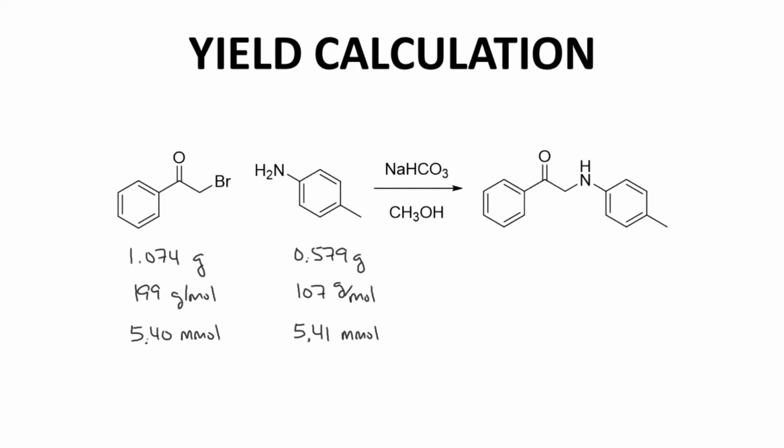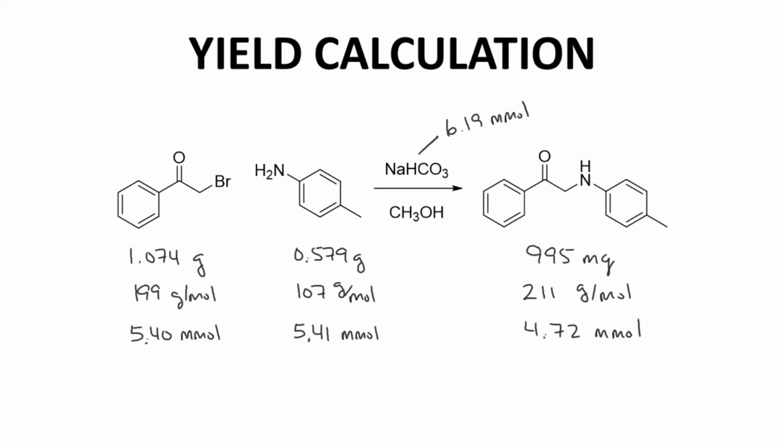I won't go through the math on the bicarbonate, but we have a little bit of an excess of base in here. It has a molecular weight of 84. We used 520 milligrams, and that's a little over 6 millimoles. For our final product, we got 995 milligrams. This has a molecular weight of 211 grams per mole, and this corresponds to 4.72 millimoles.